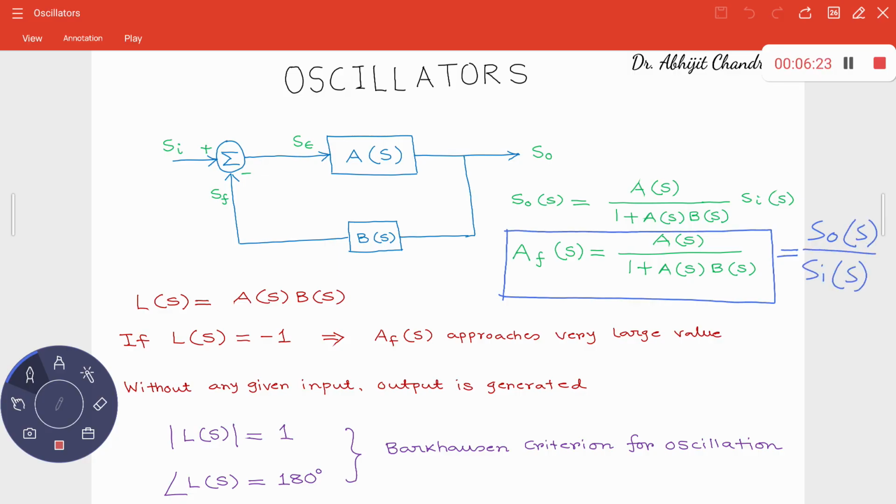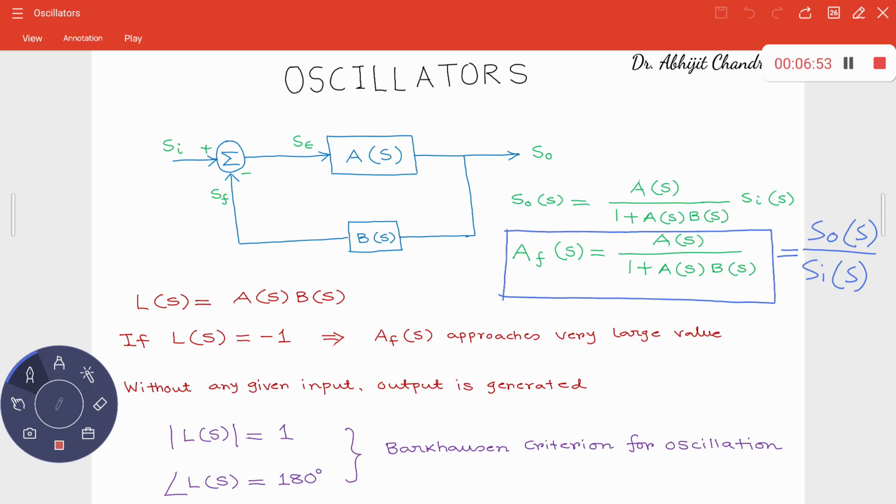And when this L(S) or A(S)B(S) is equal to -1 for some given frequency, then A_F(S) becomes infinity, approaching a very large value. What does it mean? It means that even for no input, you can have some given output.